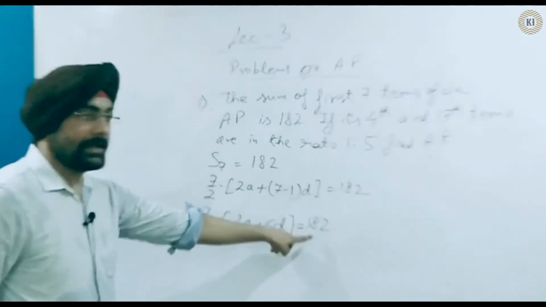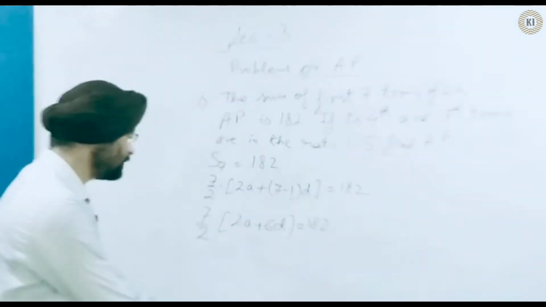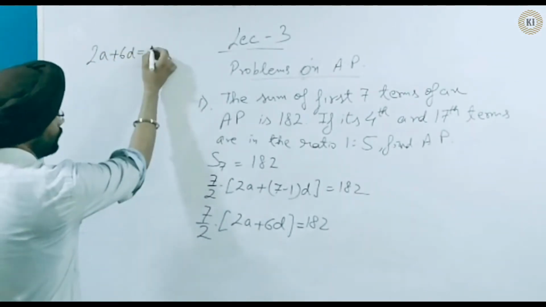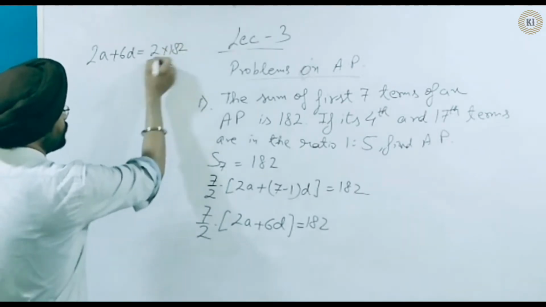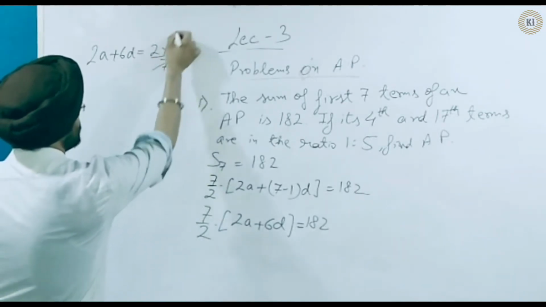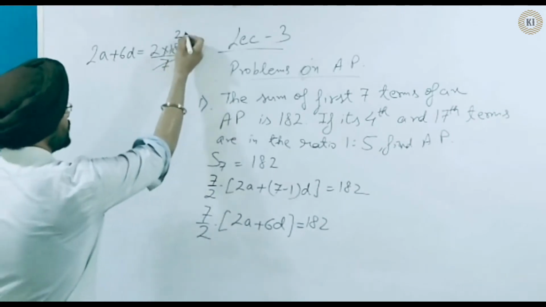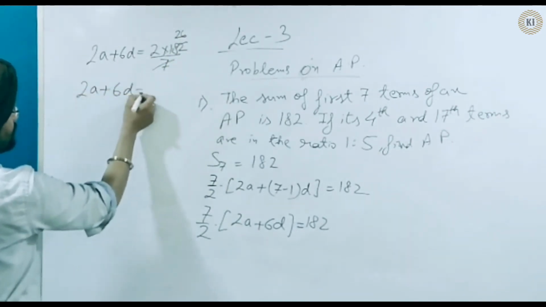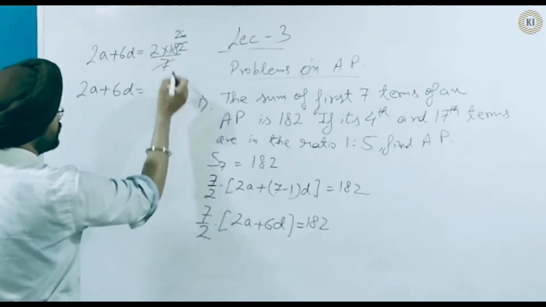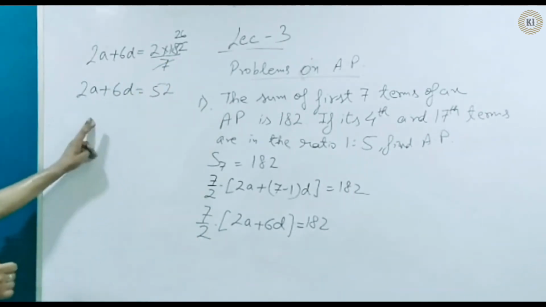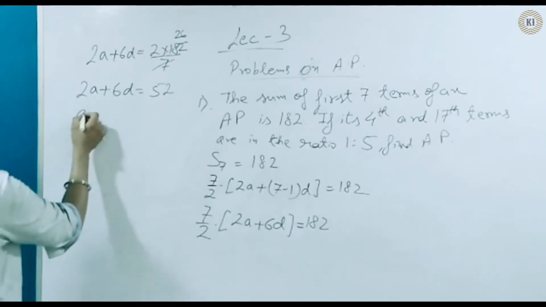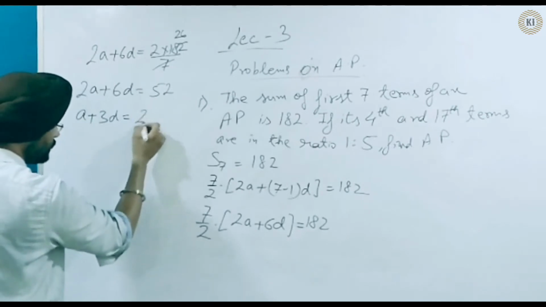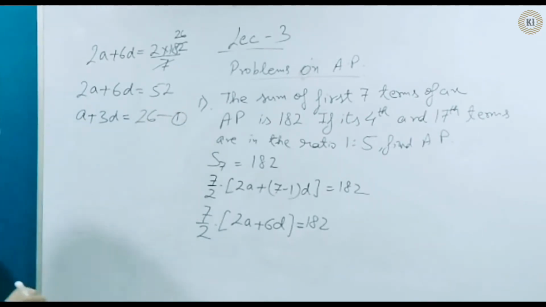Cross multiplying, 7 will come down here, so 2a plus 6d will be equal to 2 into 182 upon 7. 7 2s are 14, 7 6s are 42, so 2a plus 6d is 52. We can divide this by 2, so a plus 3d will be equal to 26, and this will be our first equation.